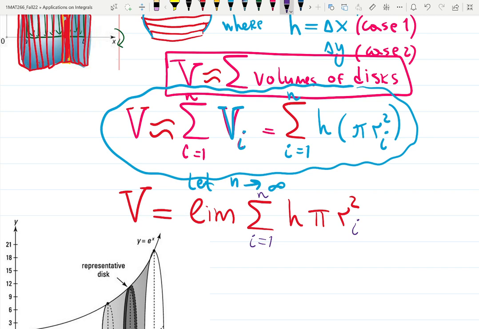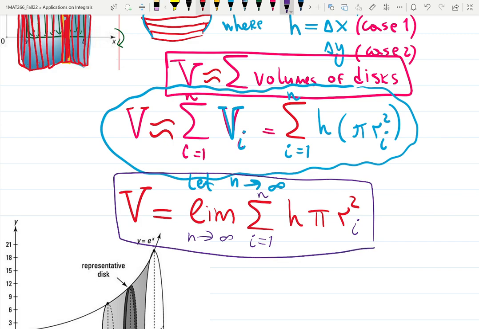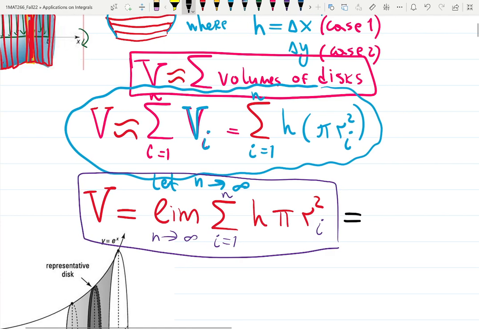So if I have 100 coins, I have 100 different radii. But then I want to have infinitely many coins. That is the definition of a definite integral, which is the integral from a to b.